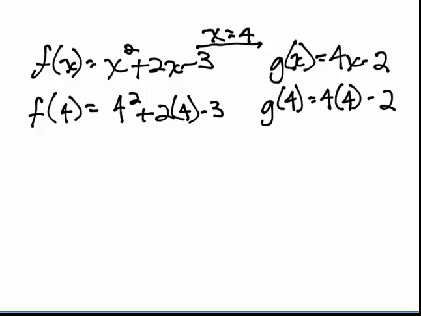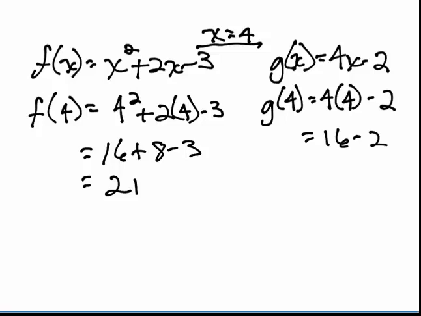So you would go on and do the calculations. You'd have 16 plus 8, then negative 3, and all of that would equal 21 on this side. Then you would do the same over here. It would equal 16 minus 2, which would equal 14.